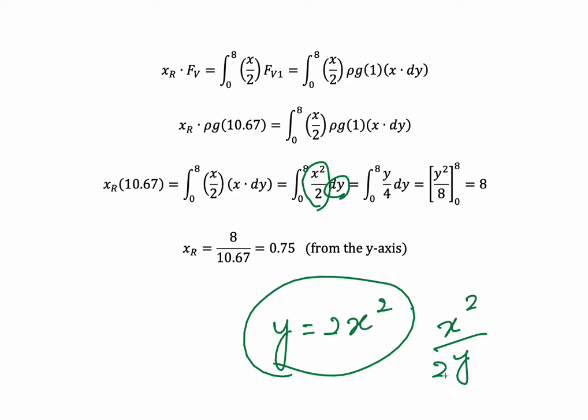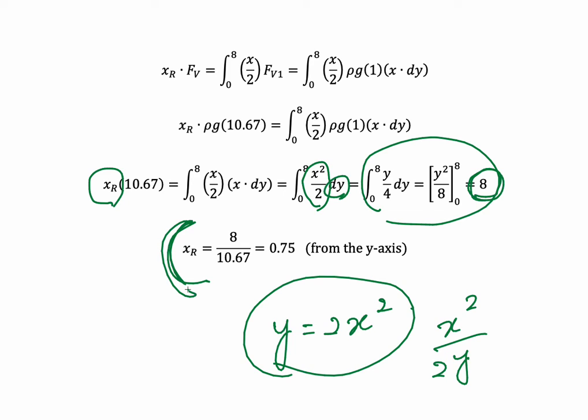So and then we substitute into this one, so we get y over 4. So we do the integration from 0 to 8, so we get it is equal to 8. So and then we could calculate the value of xr by dividing 8 by 10.67, so we get 0.75 from the axis.